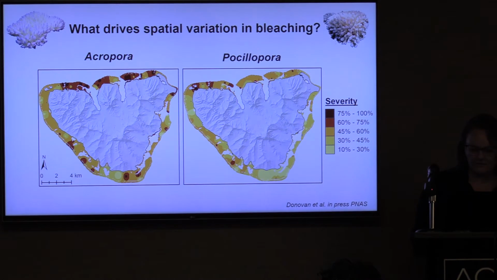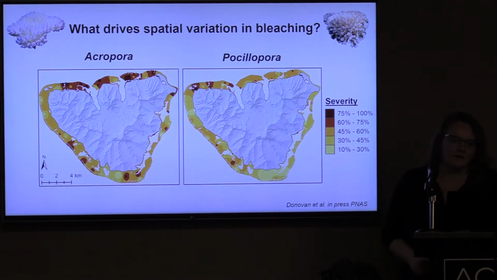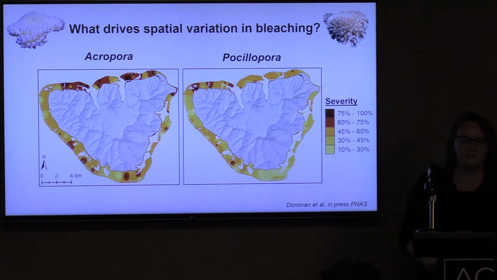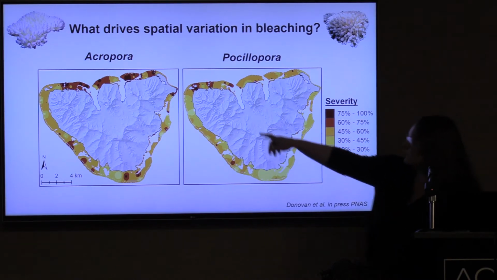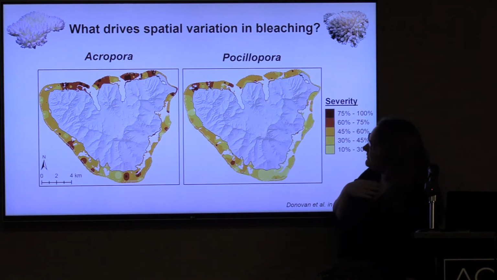And there can be a lot of spatial variability in bleaching. So this is an example from some recent work of mine. This is an island in the South Pacific called Moorea, which is off the coast of Tahiti in French Polynesia. And these data are an interpolation of point data from around the lagoons of Moorea, where these two types of coral live.